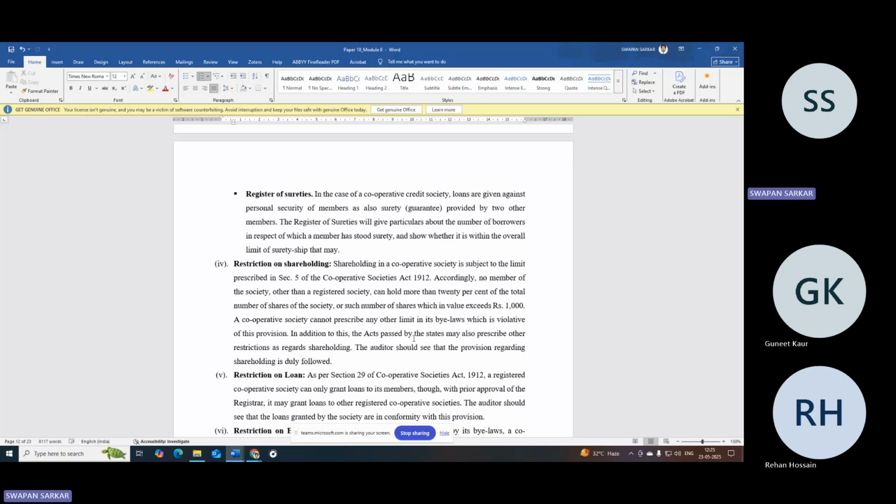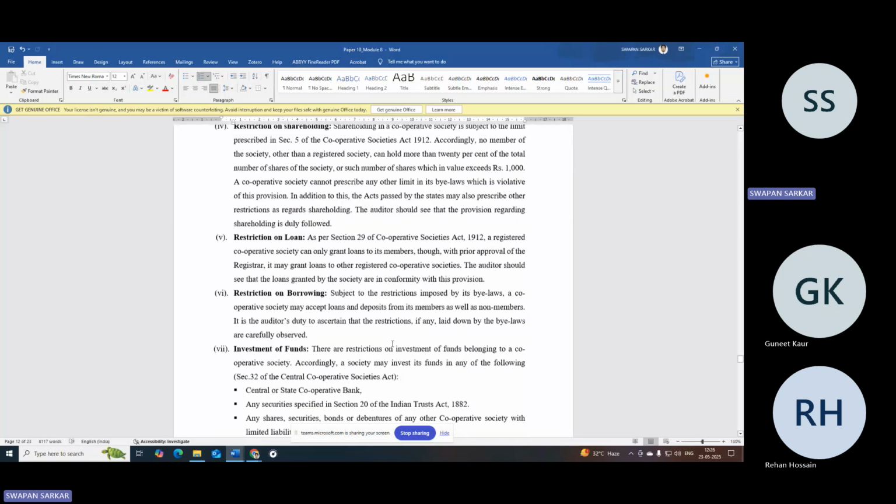A cooperative society cannot prescribe any other limit in its bylaw which is violative of this provision. In addition to this, the acts passed by the states may also prescribe other restrictions as regards shareholding. The auditor should see the provisions regarding shareholding are duly complied with.